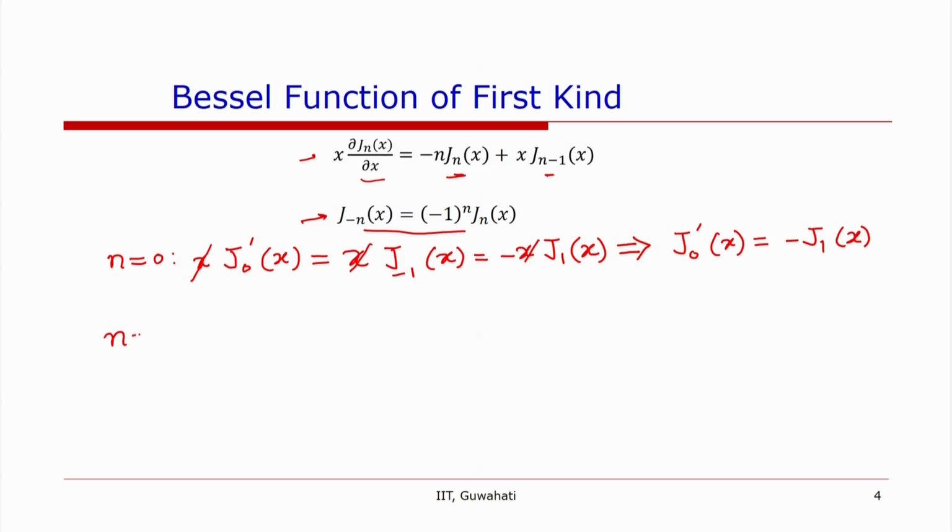Now for n is equal to 1, if we substitute 1 in the first equation, then we will get x del J 1 x divided by del x is equal to minus J 1 x plus x J 0 x.